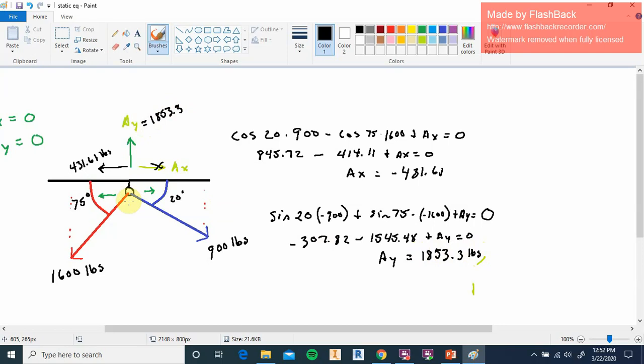So what that means is with this pull here and with this pull here, we have to pull up. The ceiling or the eye bolt has to oppose 1,853.3 pounds in the Y direction, and in the X direction we see that it actually has to pull to the left 431.61 pounds.